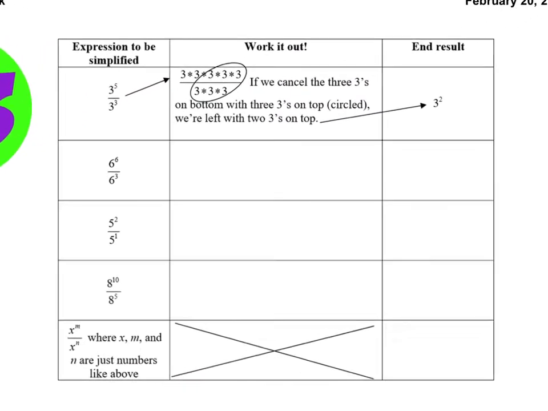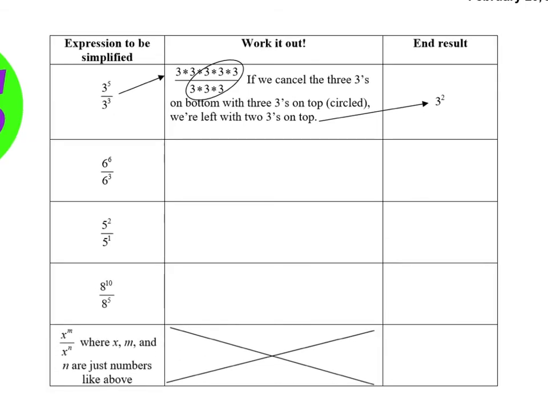Okay, we have now division, so we can investigate this a little bit further. In the example, we have 3 to the 5th in the numerator and 3 to the 3rd in the denominator. You're able to cancel 3 of these, and you're left with 3 times 3, which is 3 squared.